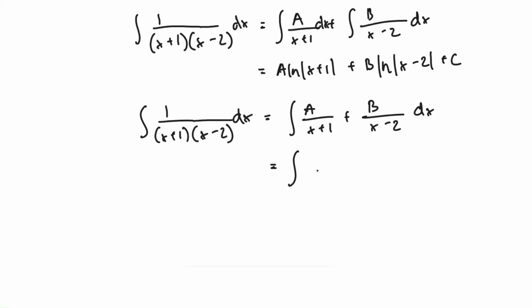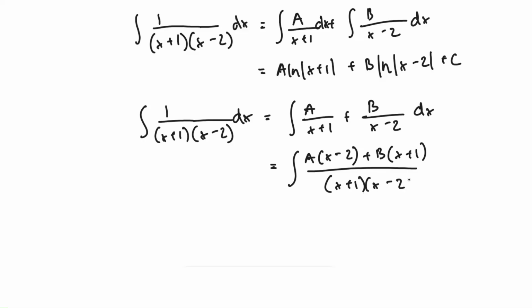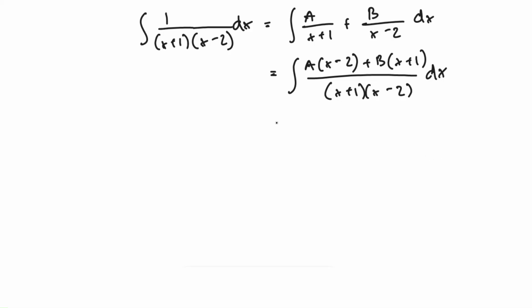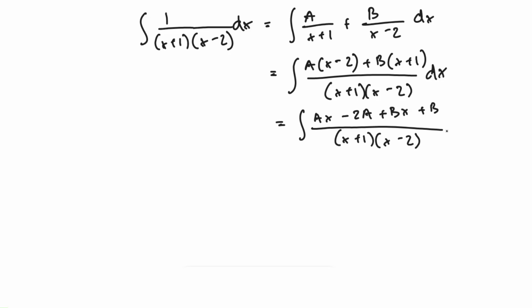That is equal to a(x minus 2) plus b(x plus 1), over (x plus 1)(x minus 2) dx. Next, that is equal to ax minus 2a plus bx plus b over (x plus 1)(x minus 2) dx.